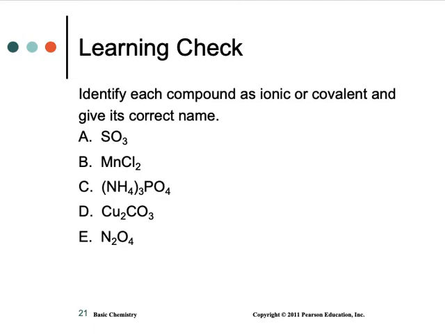Manganese and chlorine are a metal and nonmetal, so that's ionic. So I ignore the 2, ignore the 1, and just say manganese chloride. These are polyatomic ions. NH4, remember, is the only positive one, and it's positive 1. And PO4 is phosphate. And so ignore everything, and you just call it ammonium phosphate.